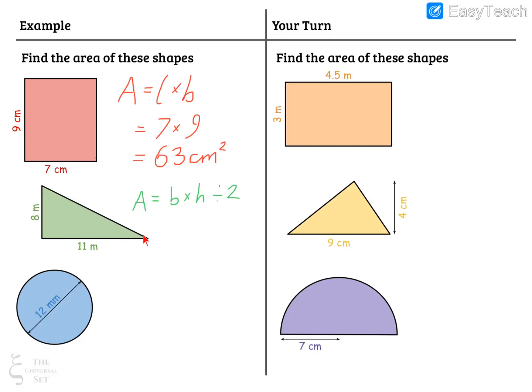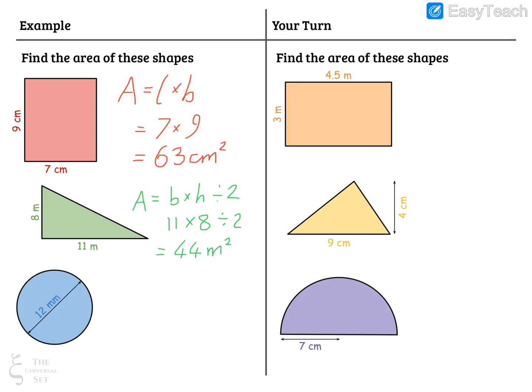So the base of this triangle is 11, and the height of this triangle is straight up there, that's 8. And then I need to divide it by 2. So we've got 11 times 8, well that's 88, divided by 2, that's going to be 44. So I've got 44, and this time my lengths were in metres, which means my area is in metres squared. So 44 metres squared we've got here.